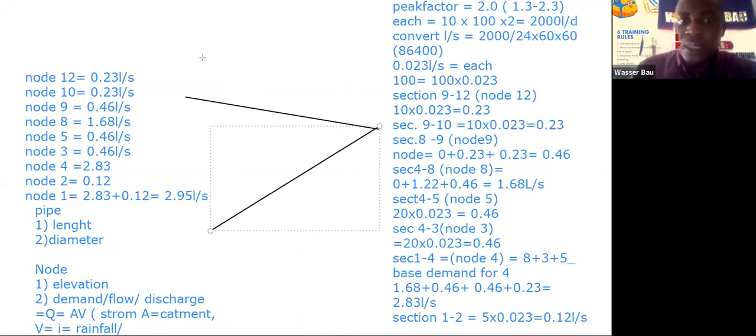You come here and you write the diameter of the pipe. This is the symbol for diameter. You say 100 mm. You also put the length, let's say 500 meters.